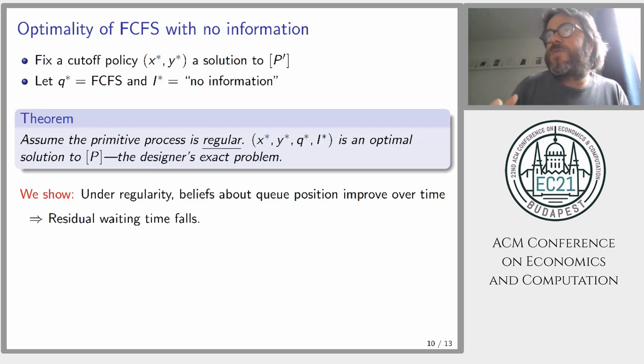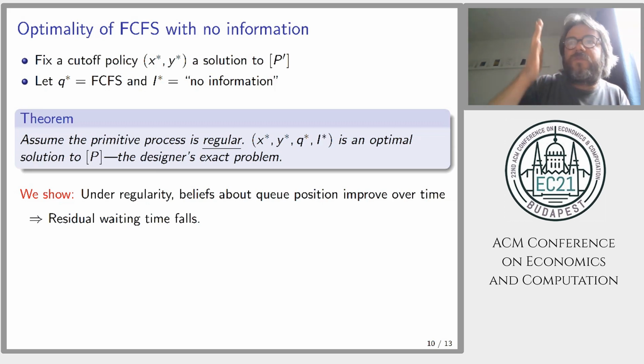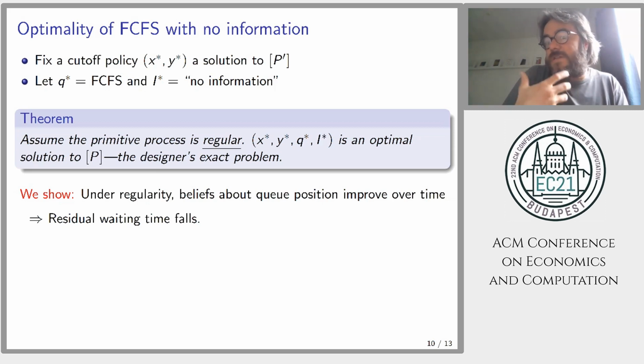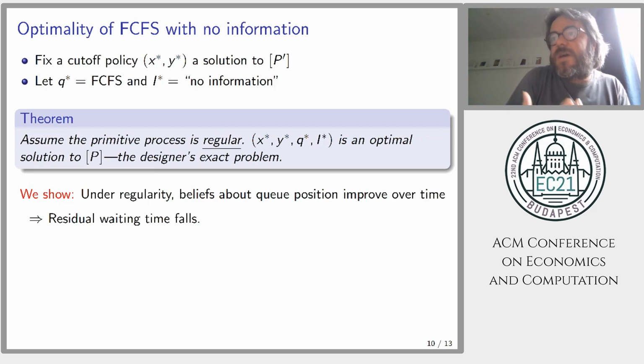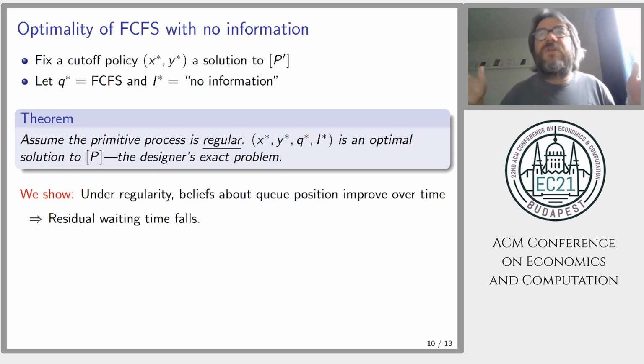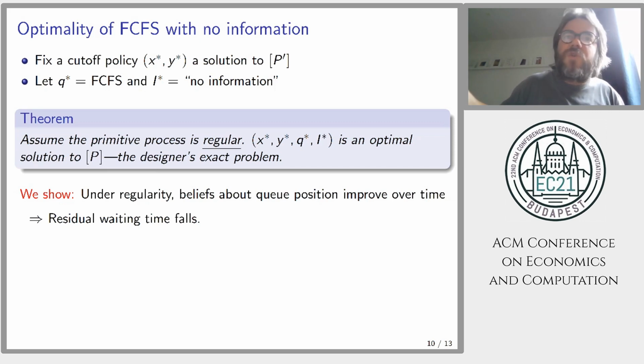But there is another force, because this argument conditions on the initial queue length. The belief of an agent over the initial queue length, and so his initial position, is going to evolve as well. Intuitively, when I joined the queue, I was believing that there were 10 agents in the queue with high probability, but now I haven't been matched for a long time.